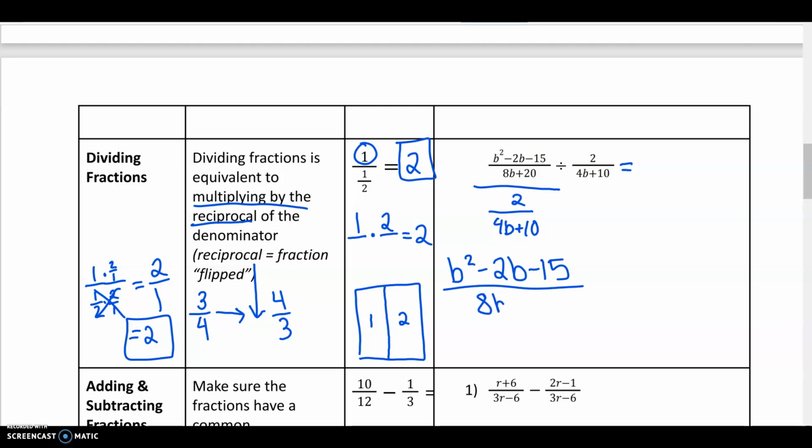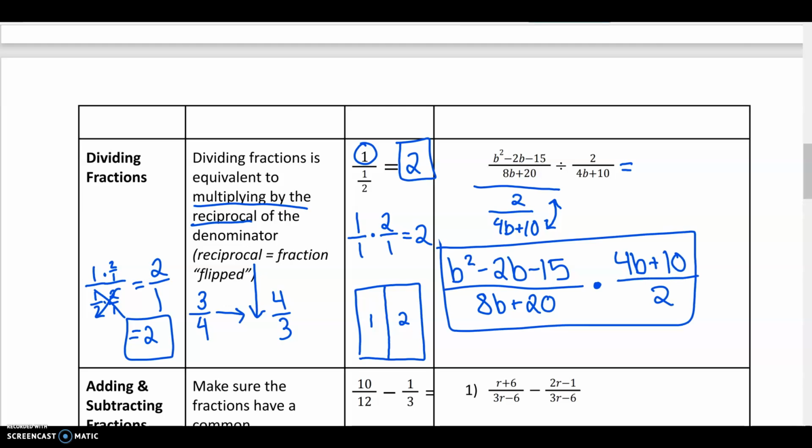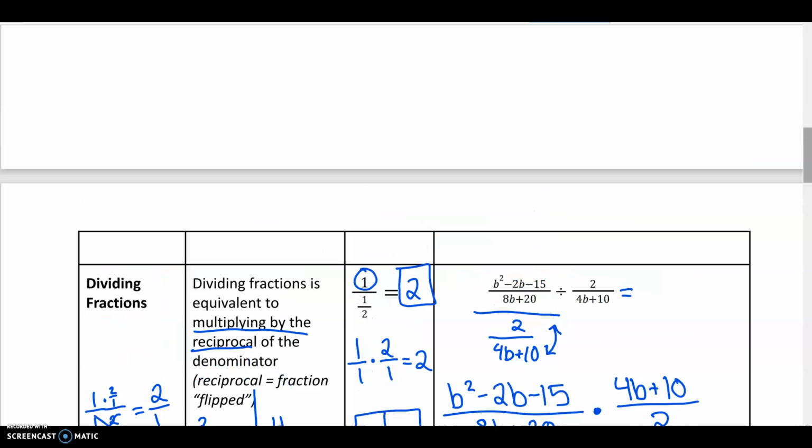This fraction is the numerator, and in order to divide them, you multiply by the reciprocal of the denominator. So you're going to flip that fraction and multiply. So it's going to be 4b plus 10 over 2. That's the reciprocal.